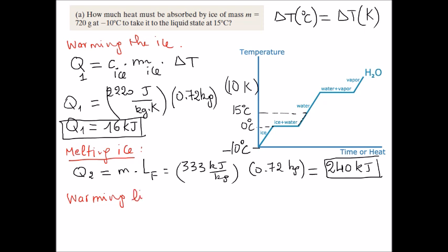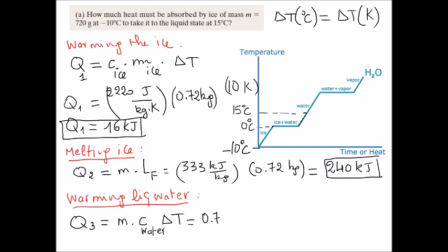So warming liquid water. Warming water. Well, commonly, when we talk about water, we talk about the liquid state. Q3, that's mass, the same mass, times the specific heat of water now, times delta T. So the mass is 0.72 kilogram.